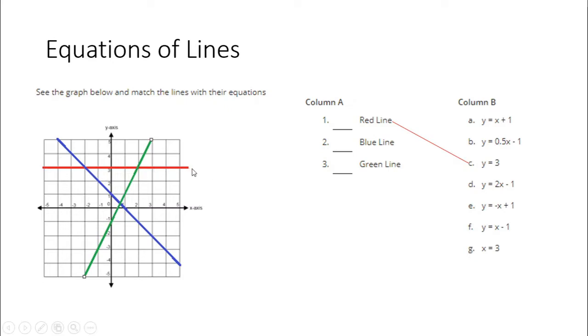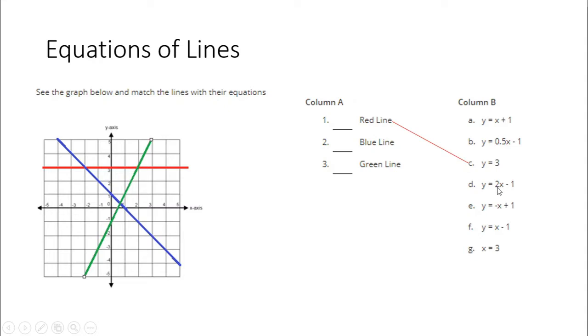The blue line, as we mentioned before, is this downward sloping line, so it's got a negative gradient and a y-intercept at 1. So we're looking for an equation of a line where it's got y equals some negative number of x plus 1. Now I'm looking at my equations here. That's a positive gradient, not a very big one, but positive. That one was our straight horizontal line.